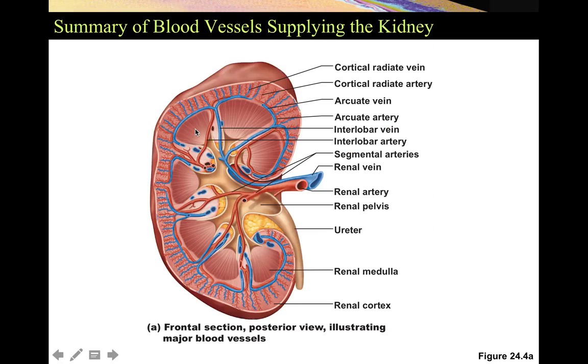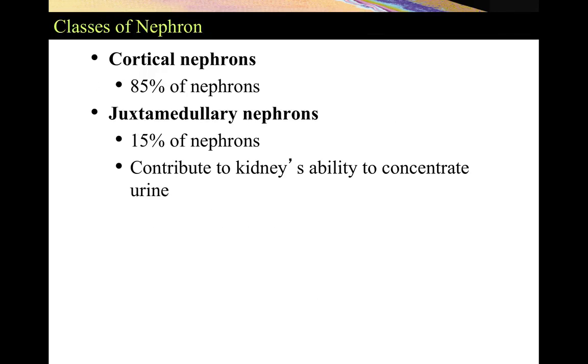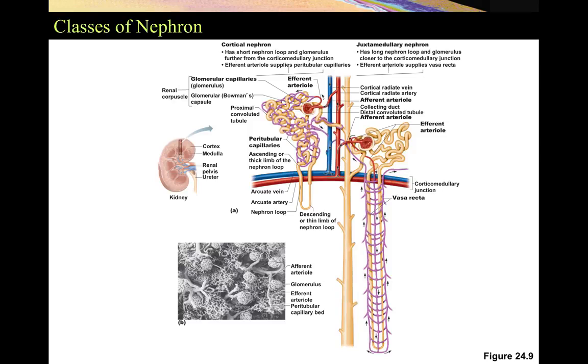So continuing with that concept, now that you have the efferent arteriole coming out, you have to have the ability to pick up things from the renal tubules. Basically, when you filter something, you also want to be able to pick things from the filter and return them back to the blood.